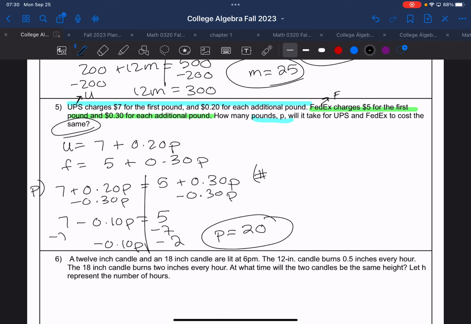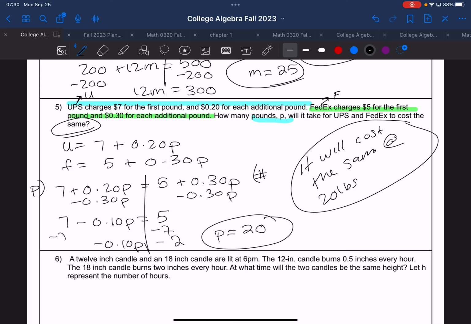Yeah, it will cost the same at 20 pounds. Remember here, your answer is not complete until you have that sentence.